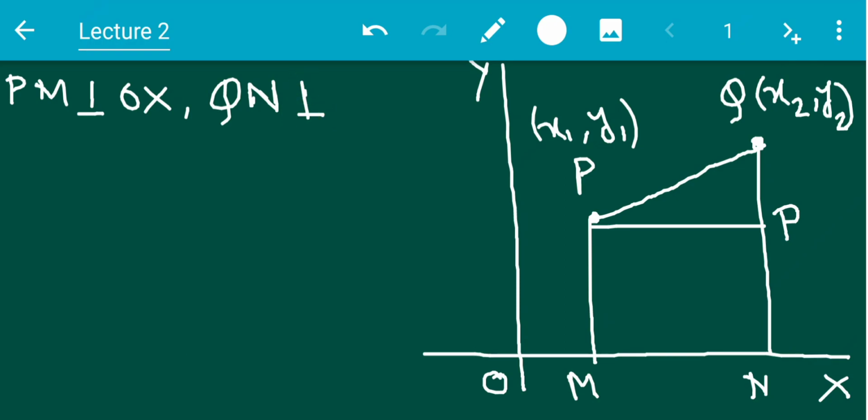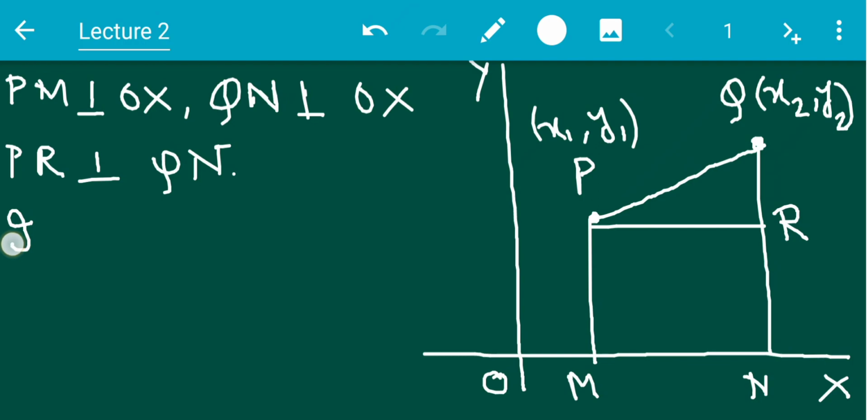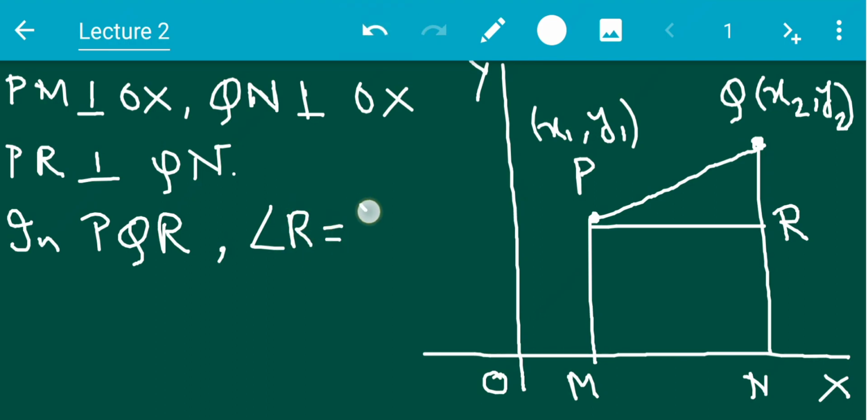So in triangle PQR, it is clear that angle R is 90 degrees.